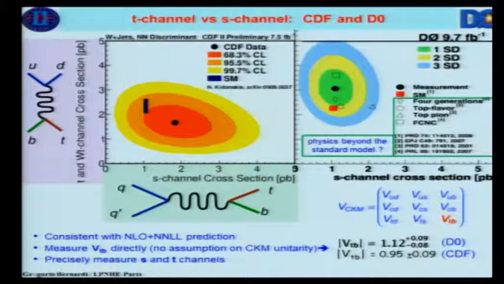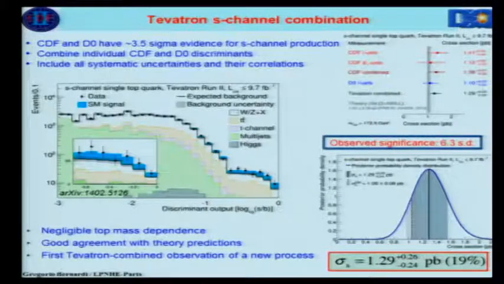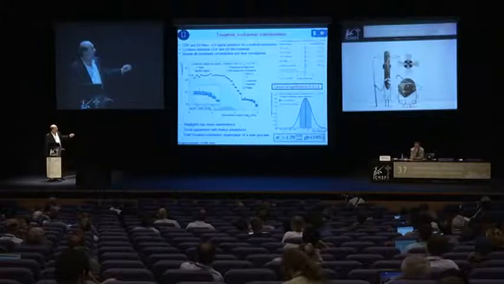In S-channel, we have then combined the signals of CDF and D0, which had about 3.5 sigma each, so you see here the compatibility between these results. And when we combine the individual discriminants, we get to this super discriminant here, and you see that the data clearly prefer this light blue, which is the S-channel.